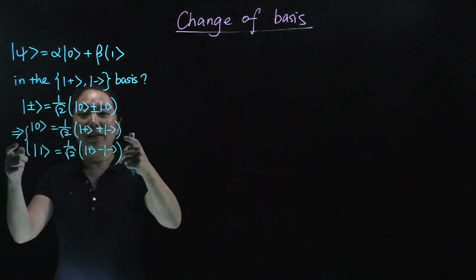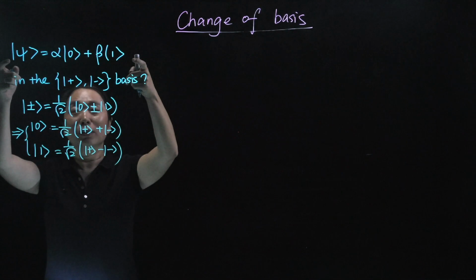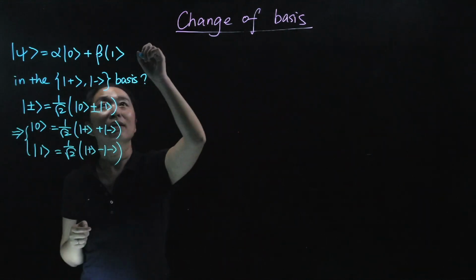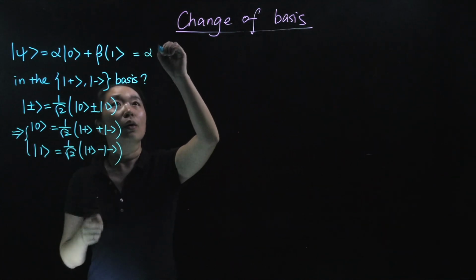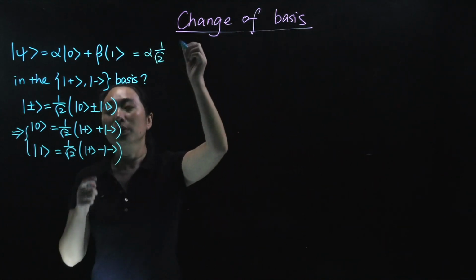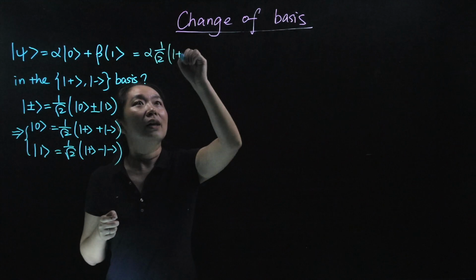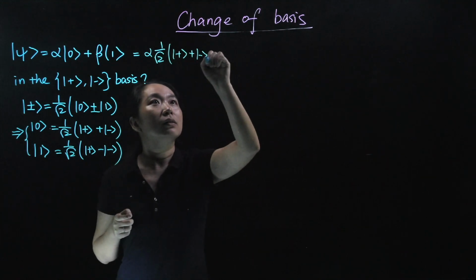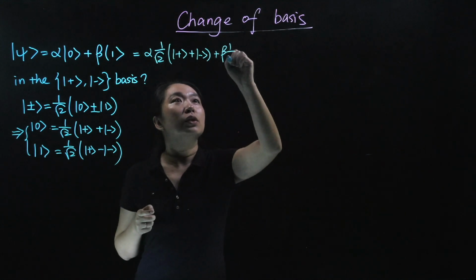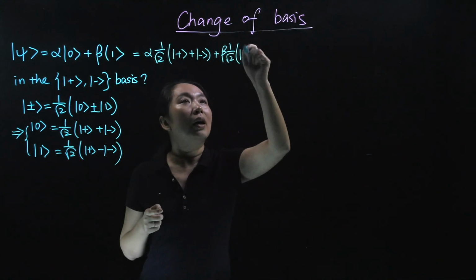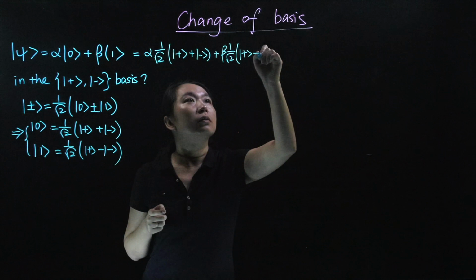With this, we can now substitute this back into the expression for psi, so that we would have alpha 1 over square root 2 plus state plus minus state, plus beta 1 over square root 2 plus state minus minus state.